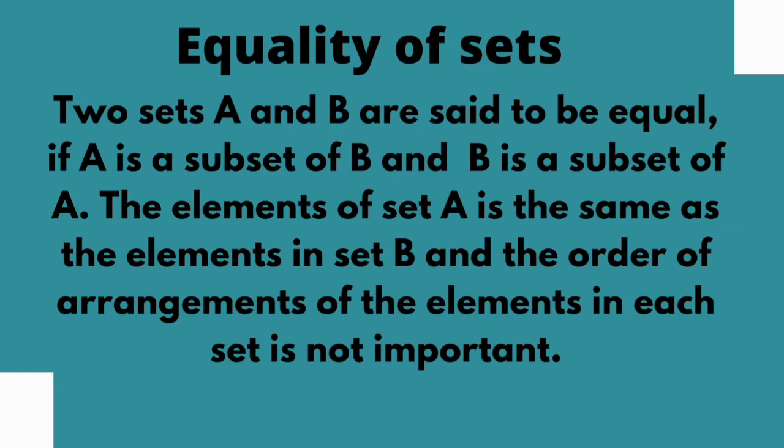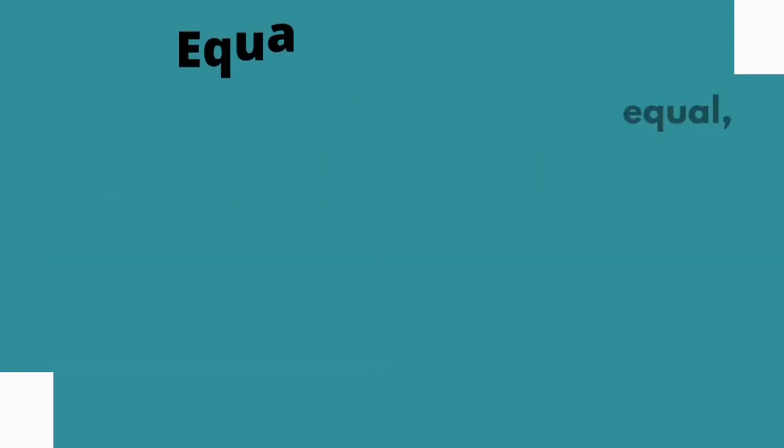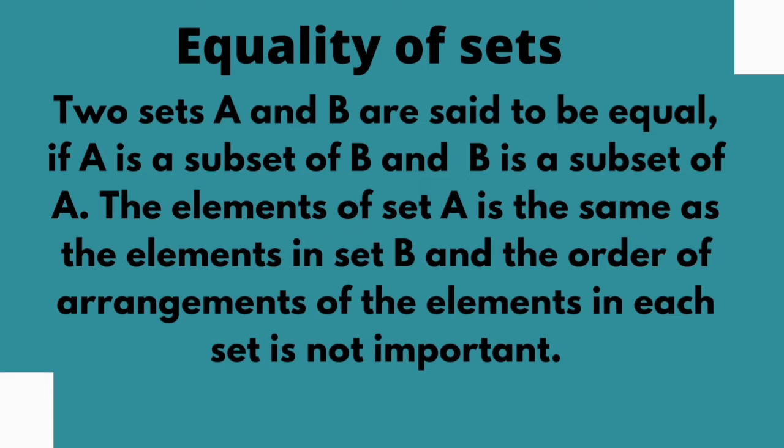This means that the elements in set A or set B might be arranged in ascending or descending order. You can also arrange these numbers in a different pattern. As long as each of the elements in set A is the same as each of the elements in set B, then it is known as equality of sets.